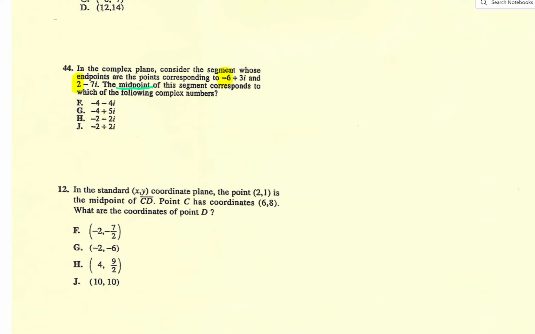Still take those two real parts and add those up and divide by 2, and take your two imaginary parts, making sure you keep that sign with that number on the negative 7, and divide by 2. So negative 6 plus 2 divided by 2, which is going to be negative 4 over 2, which is negative 2. So therefore, I know it's H or J.